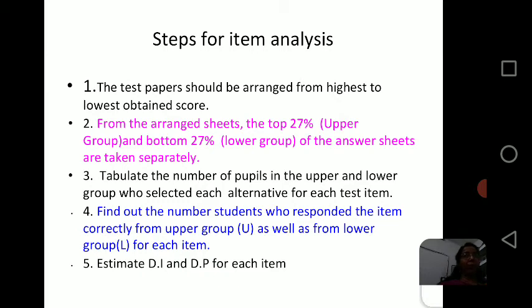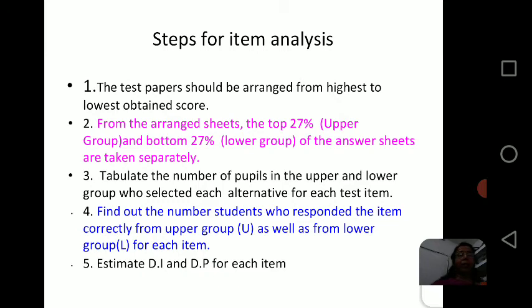We have an upper group of students and a table in which the responses of the students are tabulated. Among this, take the first item. Count the number of students who have done the question correctly. Let it be U, U for the first item.